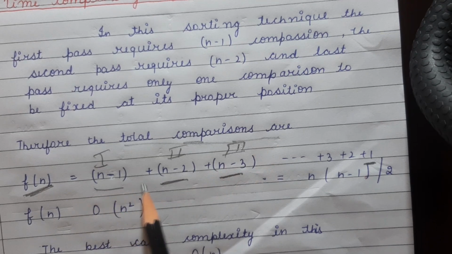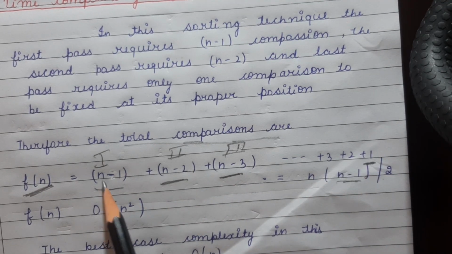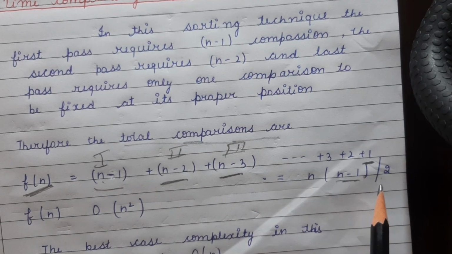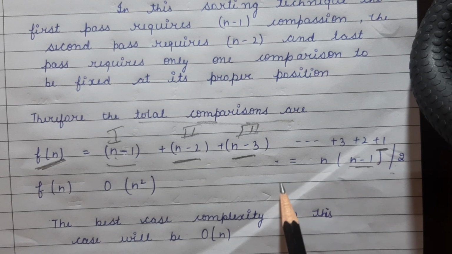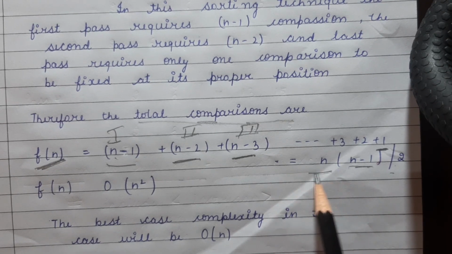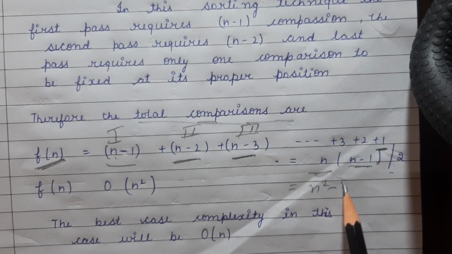Now the formula for adding this series, because these are natural numbers, becomes n into n minus 1 divided by 2. Why n minus 1? Because the last element is n minus 1. So the overall time complexity becomes n square minus n divided by 2.